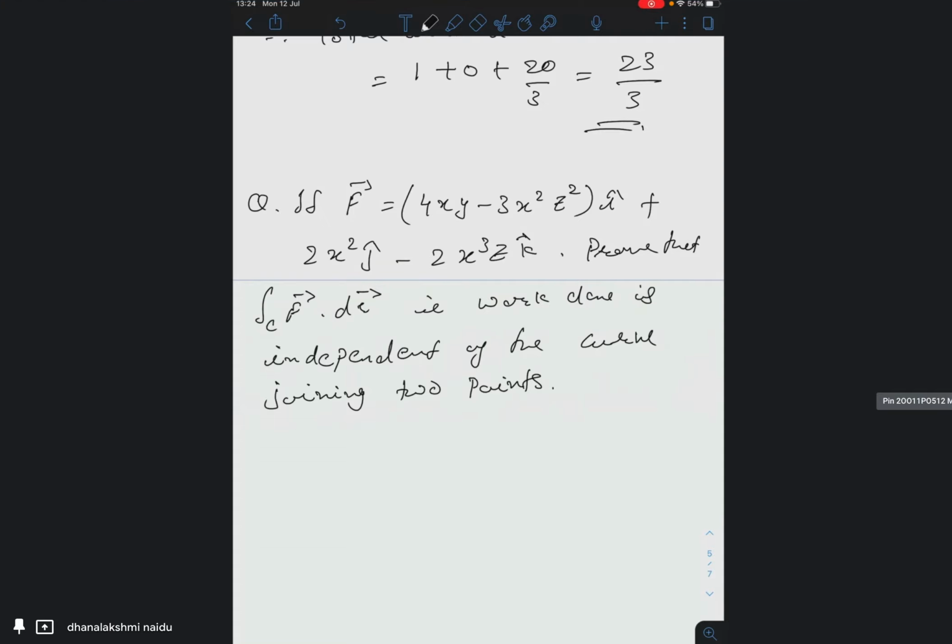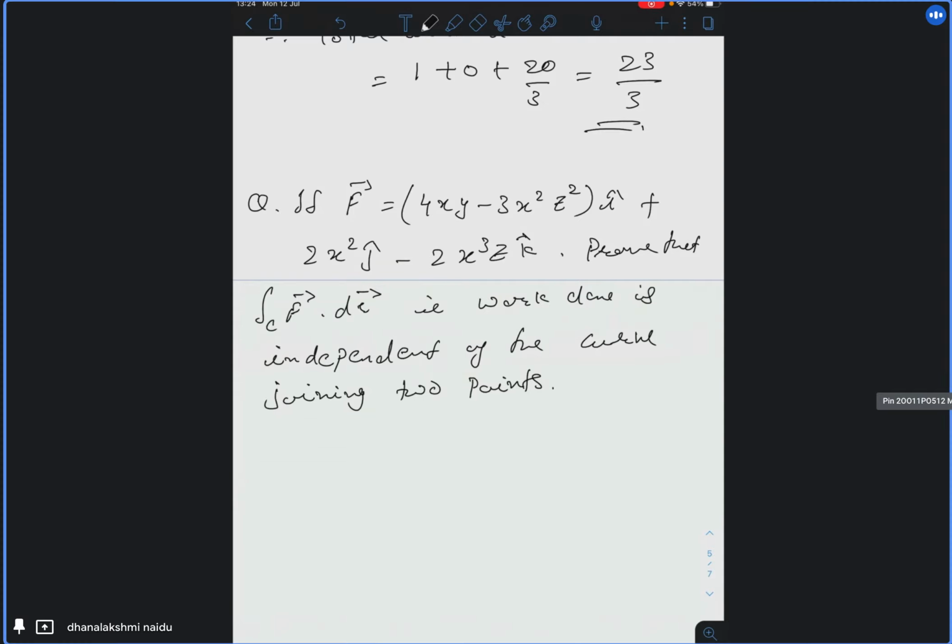Curl F bar equal to 0 bar. Yeah, very good. Curl of f bar is equal to 0 bar. If you are able to prove this, then you can write the work done is independent of the path. Because if the force is conservative, then the work done is independent of the path.